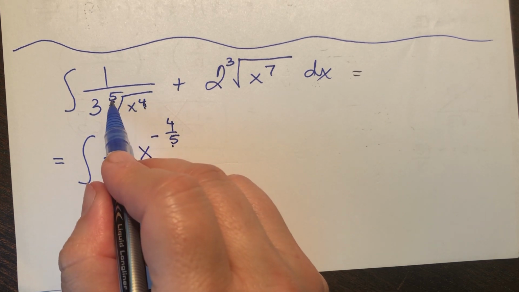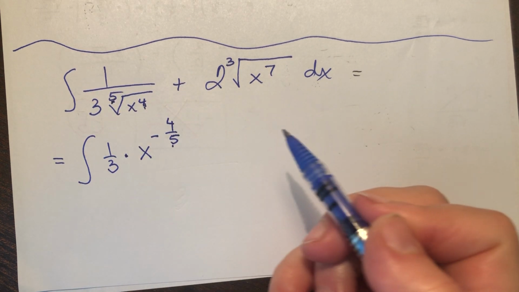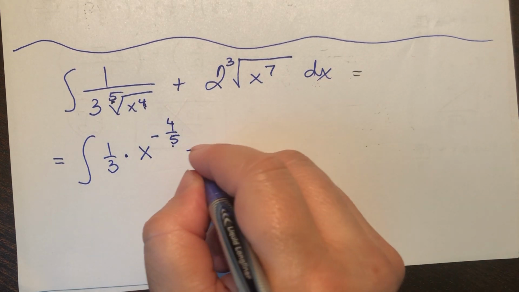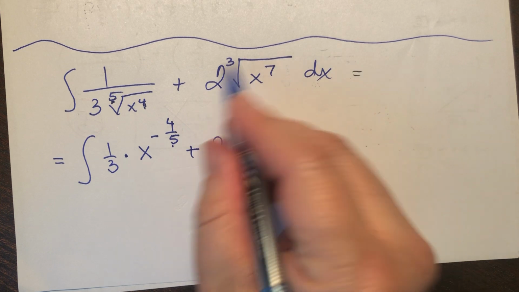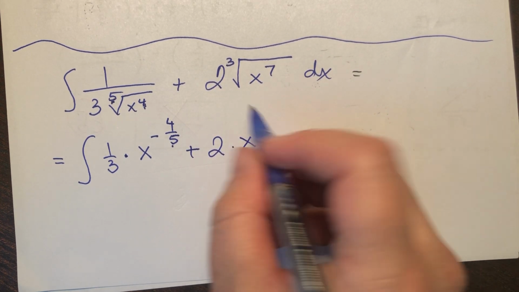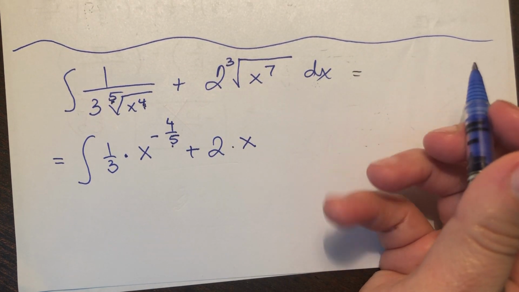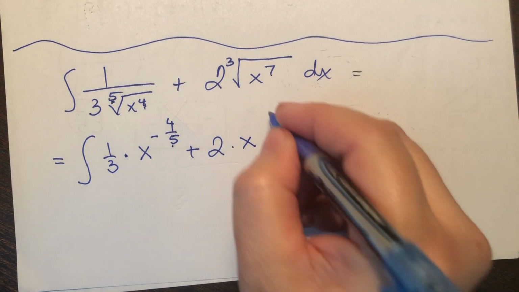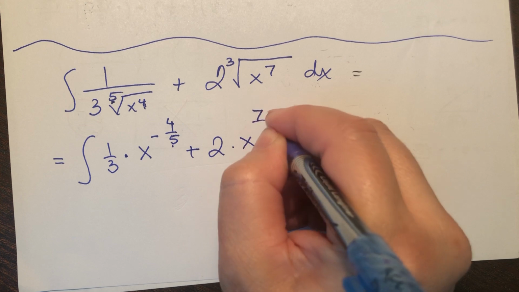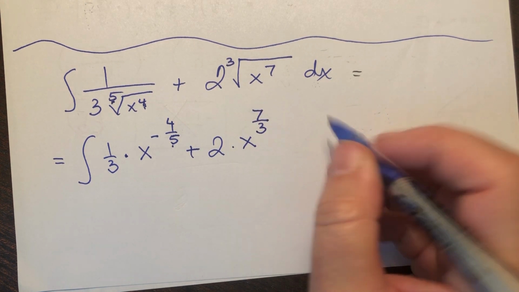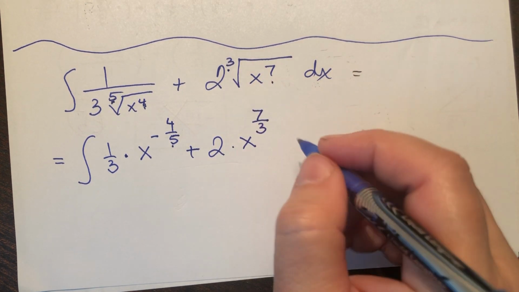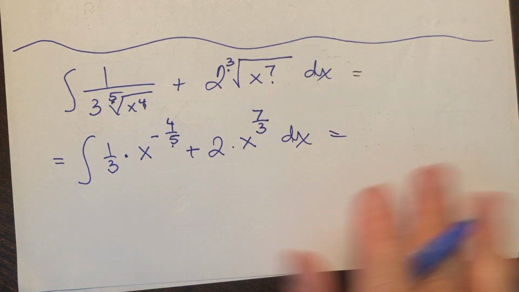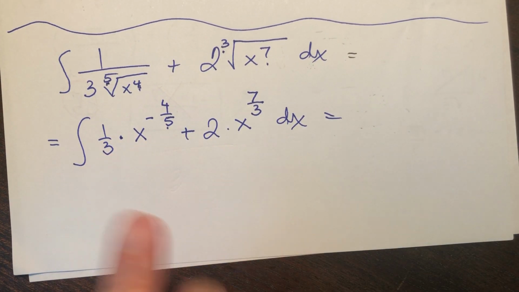So that's a 4 divided by 5, and negative because it came from the bottom, plus 2 times. How do I rewrite this? Now, this was a numerator number, so it's not going to have a negative exponent. We'll keep it positive, and that positive exponent is 7/3, right? 7 divided by 3. Okay, so I just rewrote my function.